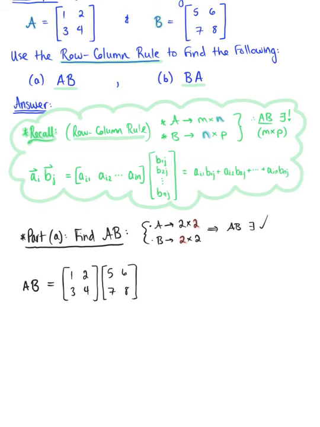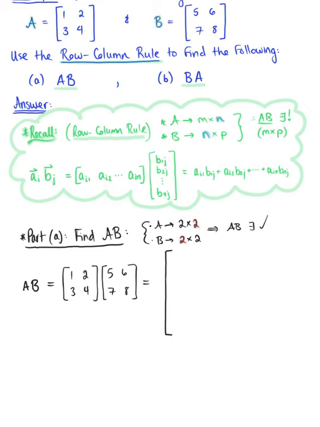So we want to apply the row-column rule. So we are going to take each row of matrix A and multiply it by each column of matrix B. And let's look at this fully out in detail this first time through.